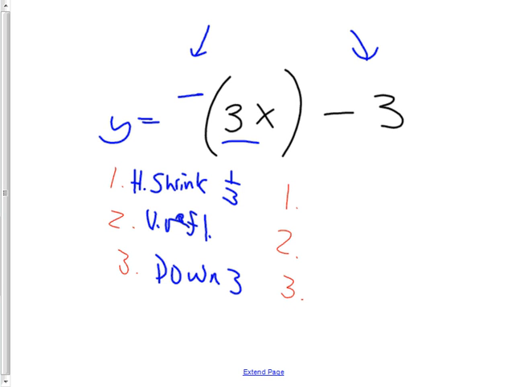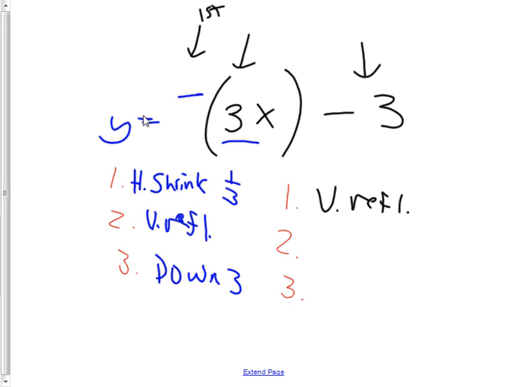The other option would have been to start with the reflection. So of the 3 things, this could be done first because it's the reflection. So that'd be a vertical reflect. And then number 2 could be go to the inside.